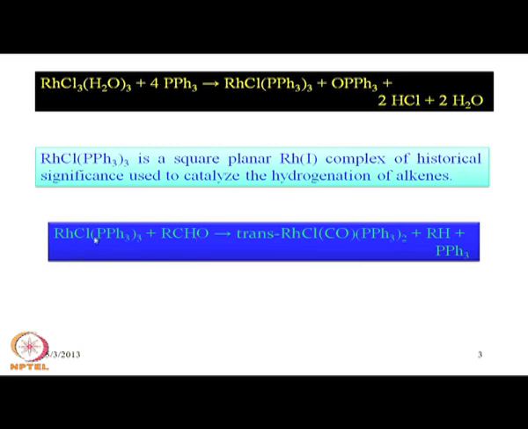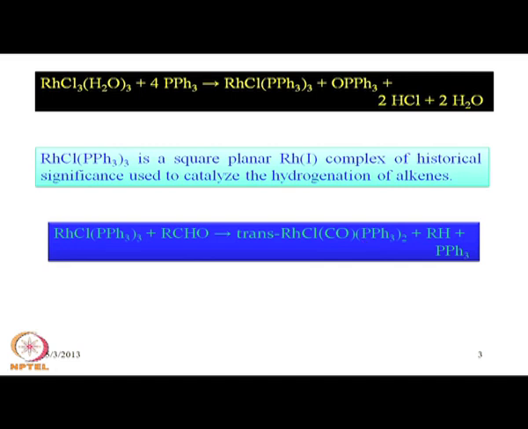So, when this reagent, that means Wilkinson catalyst, is reacted with any aldehyde RCHO, we get the corresponding trans RhH(Cl)(CO)(PPh3)2 molecule, where the RCHO has been converted to RH and one phosphine group has been eliminated from the system. In this particular case, the molecule is in the trans geometry.